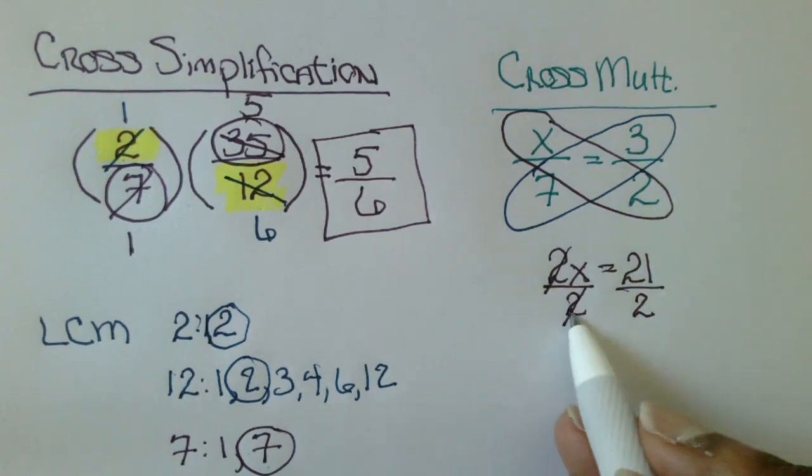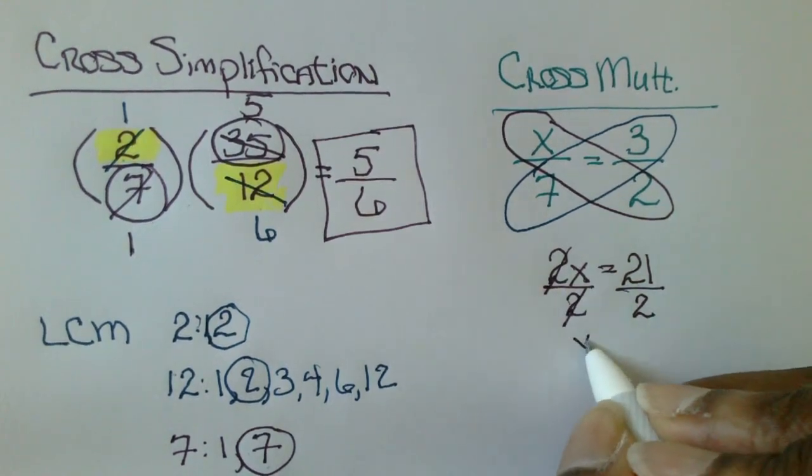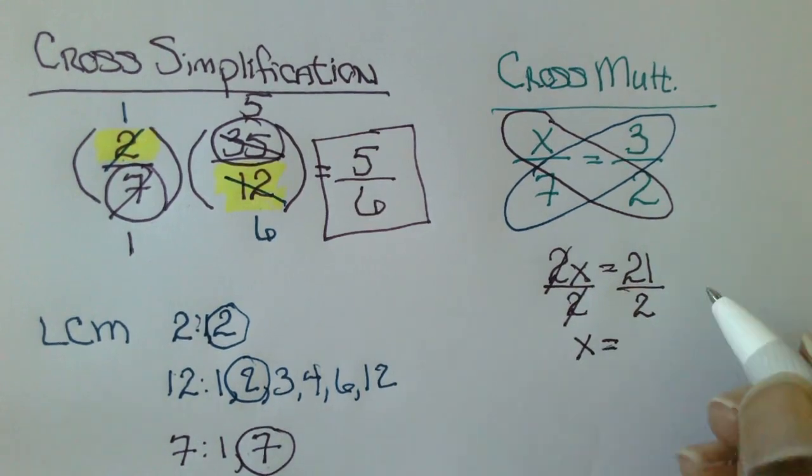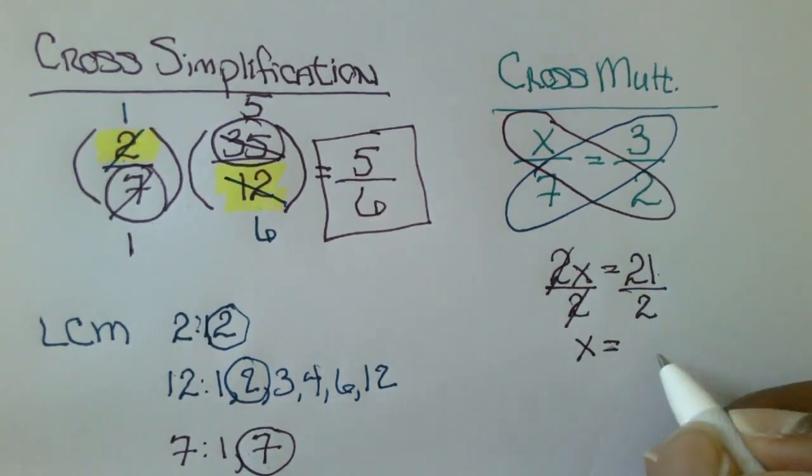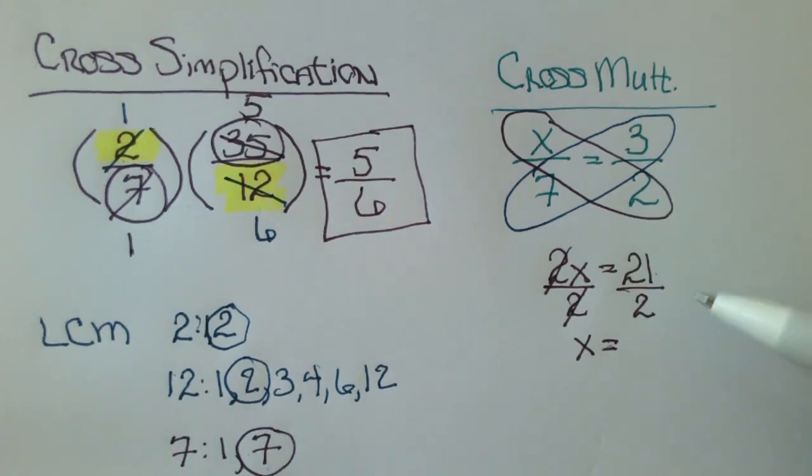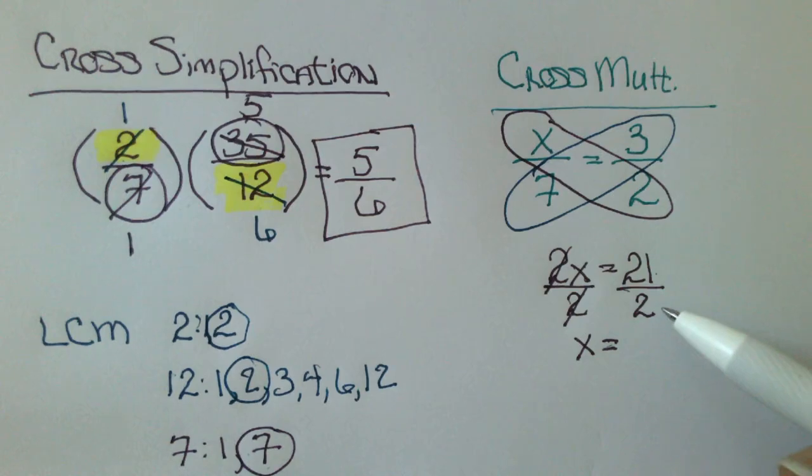So 2 divided by 2 gives me 1x, or just x. Then 21 divided by 2, you can either leave as an improper fraction, or make it into a mixed number, or a decimal.